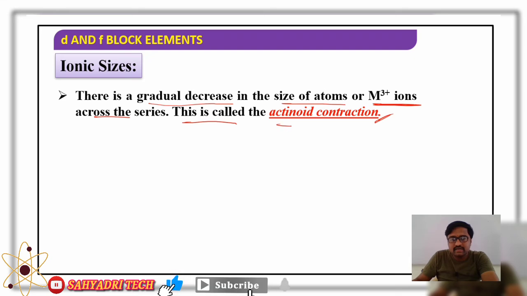So what is actinide contraction? Actinide contraction is the steady, gradual, continuous decrease in the size of atoms or +3 ions, M3+, across the series from actinium to lawrencium.